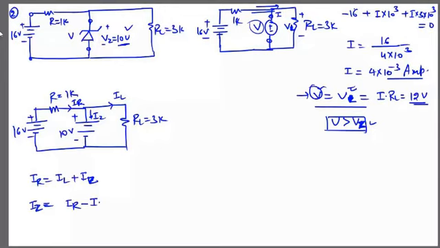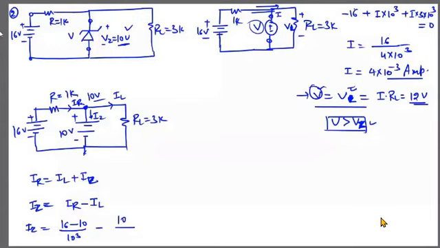And here I can calculate the value of IZ. IR equals, here at this node the value of voltage is 10 volt, VZ. So it will be 16 minus 10 upon 10 raised to the power 3, 1 kilo ohm, minus IL. IL will be 10 minus 0, 10 upon 3 into 10 raised to the power 3.